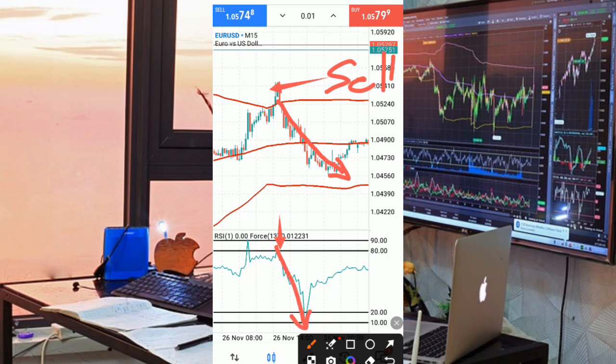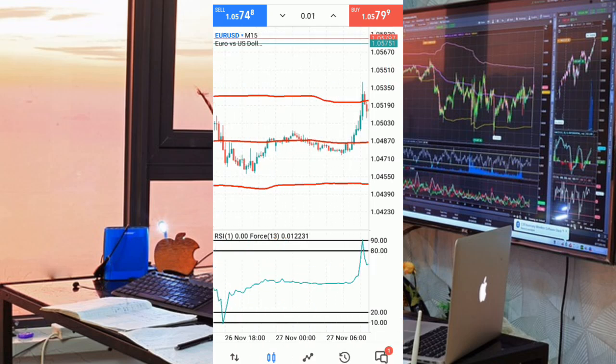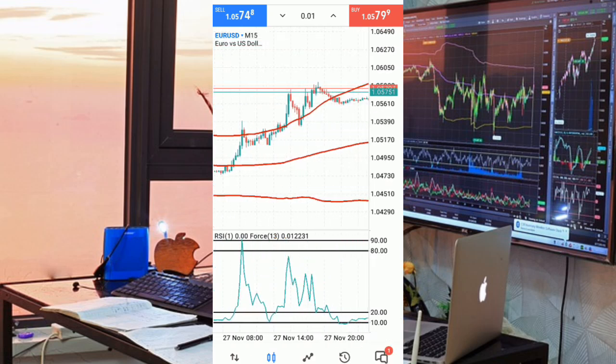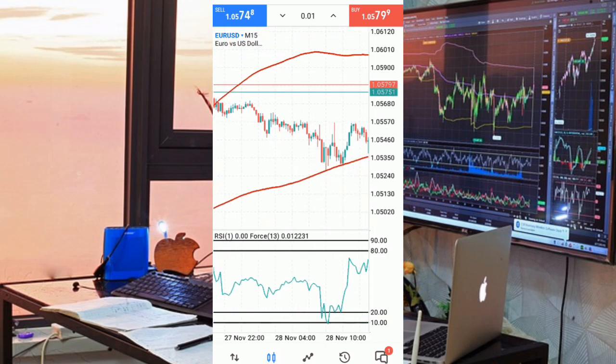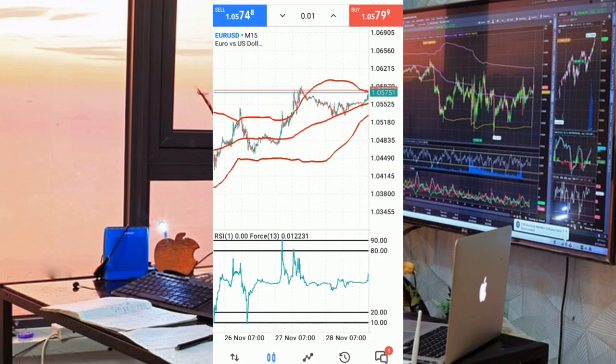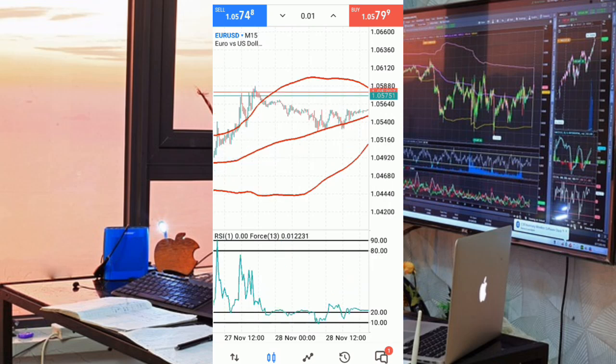Price went down there, and now it's at the 10 line level. When price begins to change course, we are going to begin to buy again, because now price is going to be bullish. So guys, this thing is really simple, because I'm trying to explain it in a way that everybody can understand it.